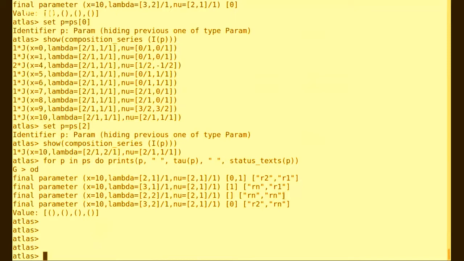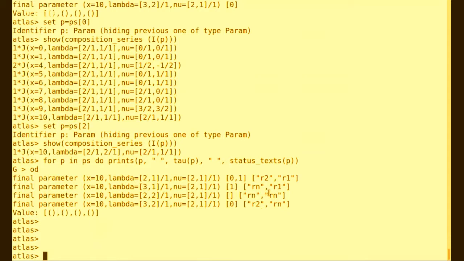What this is saying is that for real roots, for a given representation, they have the simple roots, they have types. They can be R2 or R1 or Rn.